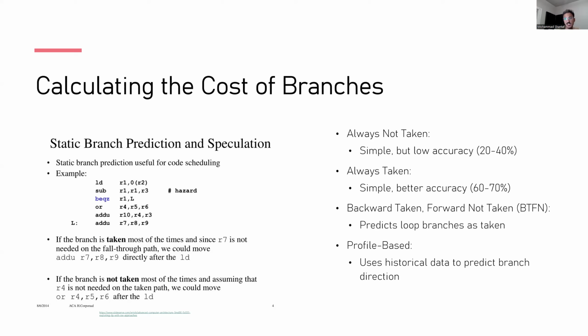If the branch is not taken most of the time, and assuming that R4 is not needed on the taken path, we could also move R4, R5, R6 after the BNE. So it just depends on whether it's not taken or taken, and that's how we work in calculation based on static branch prediction and speculation.